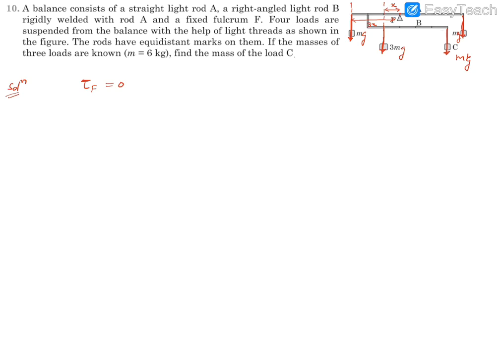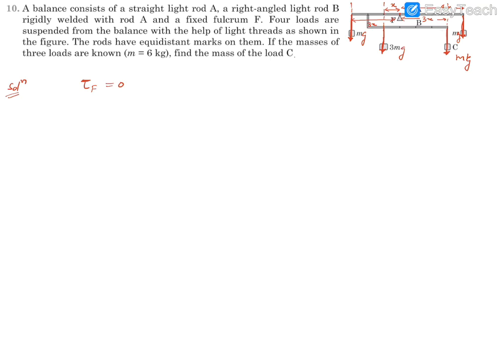Similarly, this line of action, if you draw, is going to be at a distance 3x from the fulcrum, and finally the last one will be at a 4x distance. So these distances can be measured by marks shown there.